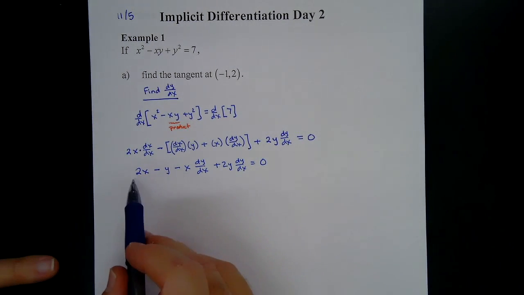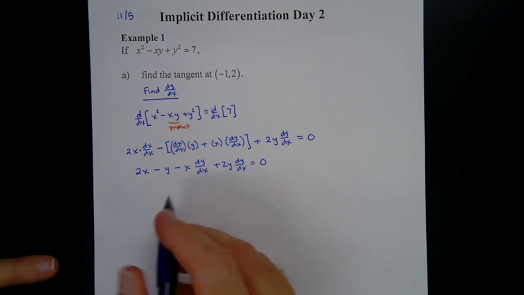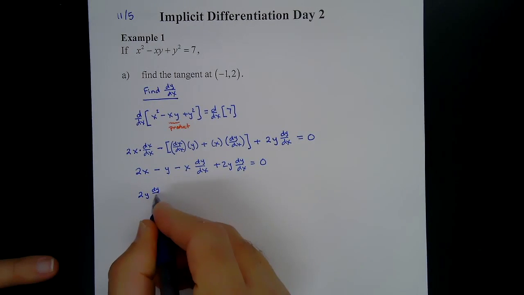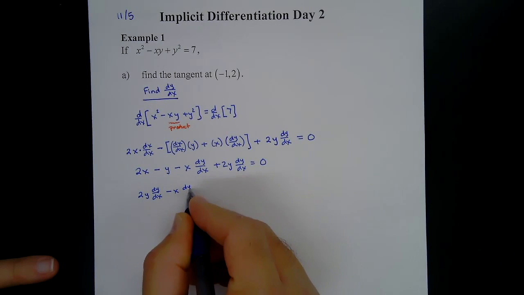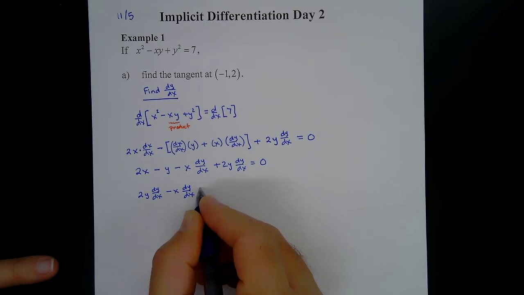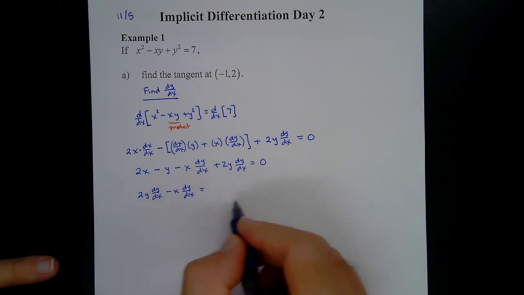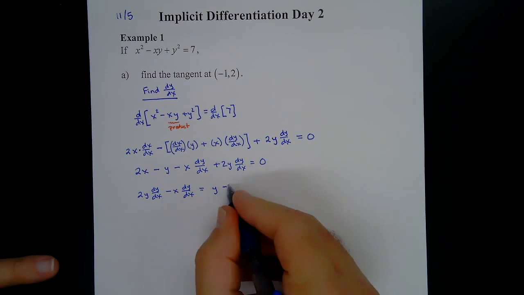What I would do is move these two over to the other side, and I'm going to write the 2y dy over dx first because it's positive. So I'm going to rewrite this as 2y dy over dx minus x dy over dx is equal to, and because when I move this minus y over it becomes positive y, I'm going to write y minus 2x.